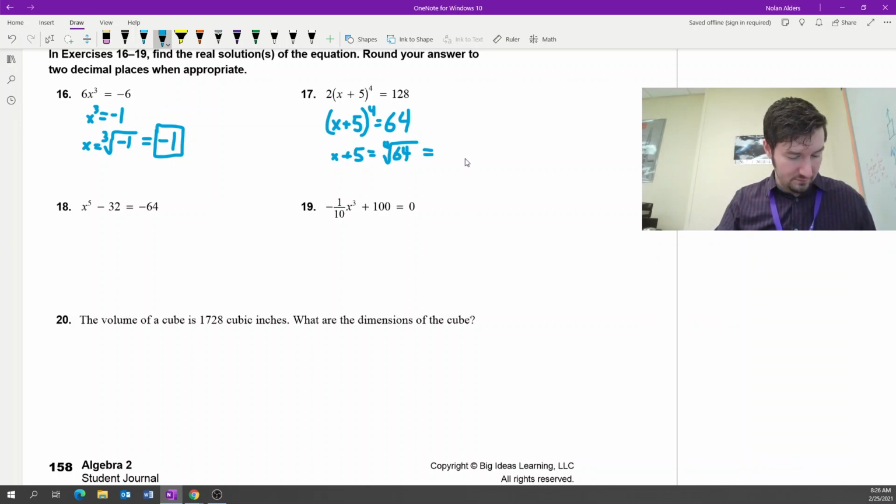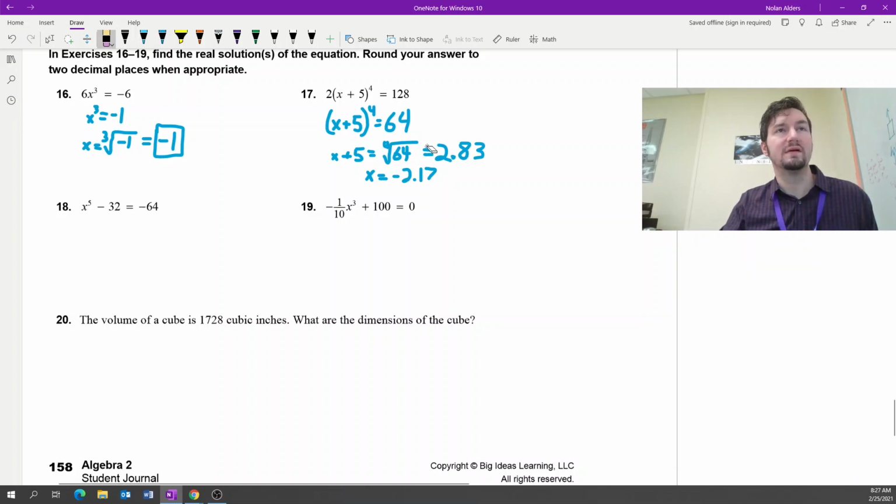2.83. And then we need to subtract the 5 over here. So x equals 2.83 minus 5 will give us negative 2.17. And of course I forgot this is an even root, so we'll have a plus and a minus.